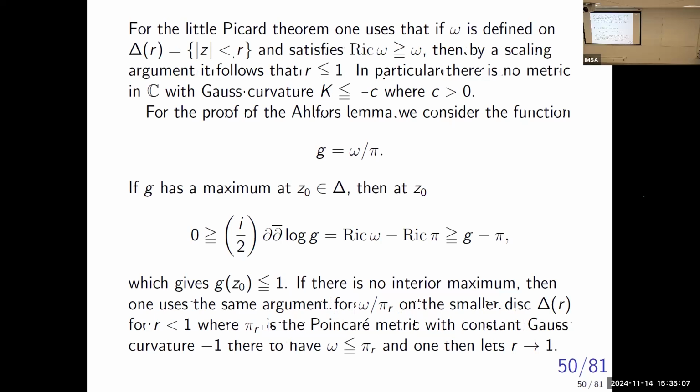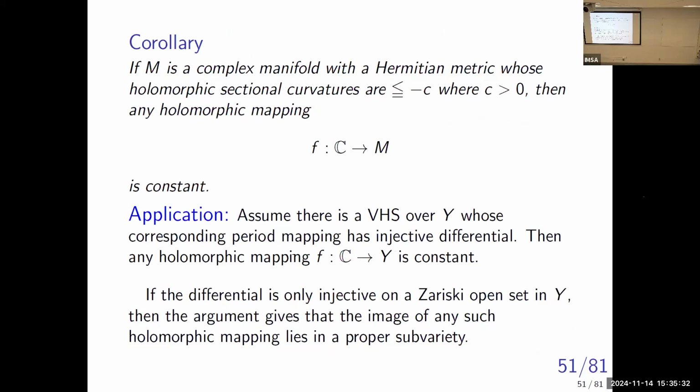That's just a reformulation of the Ahlfors lemma. And this is just a proof of the Ahlfors lemma. It's a very simple application of the maximum principle. And the Ahlfors lemma is everywhere in this story in hyperbolicity.